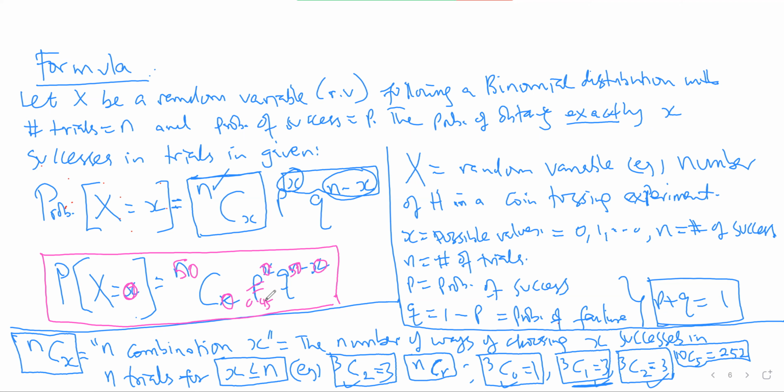And then where there is Q, we put 1 minus 0.45, which is 0.55. Then we simplify. So let's do that.